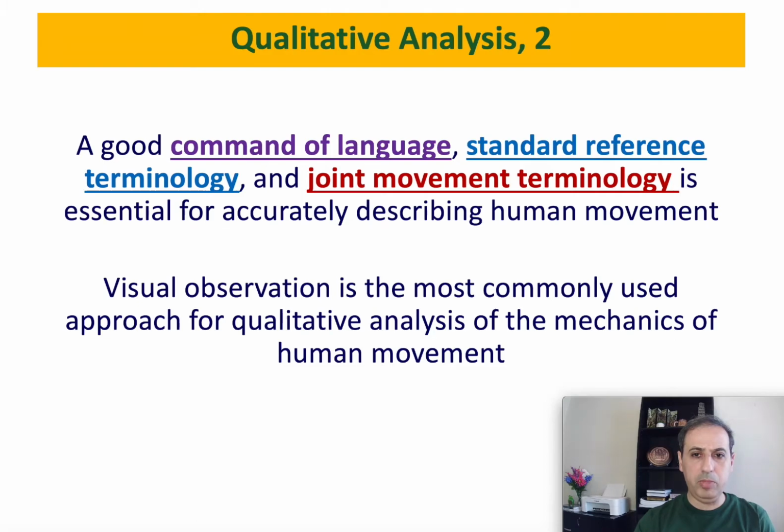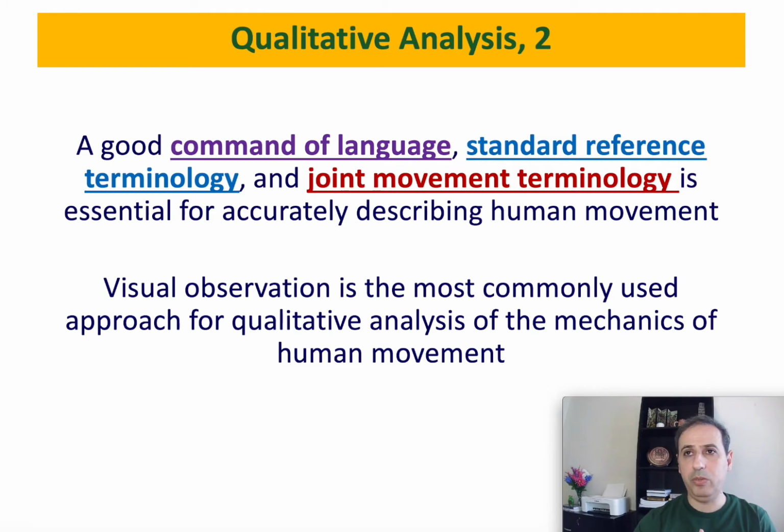So what is qualitative analysis, and what do we need to be aware of to have a meaningful qualitative analysis? It's a good command of language and standard reference terminology. Joint movement terminology is essential for an accurate description of human movement if it's qualitative. This could also go to quantitative, but we will focus on qualitative analysis.